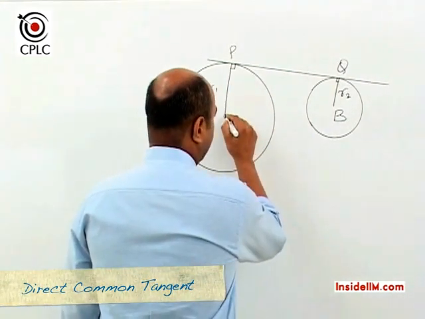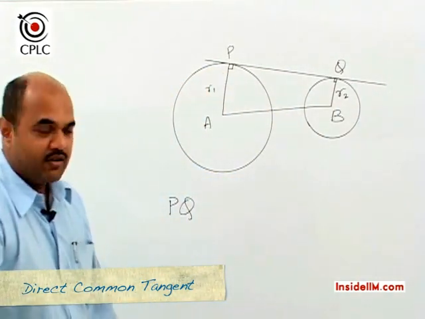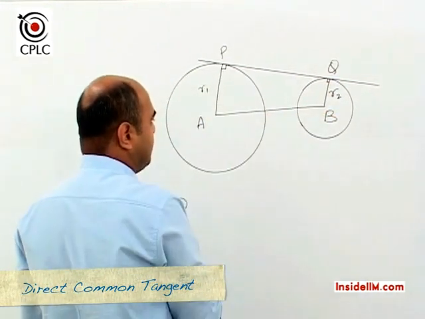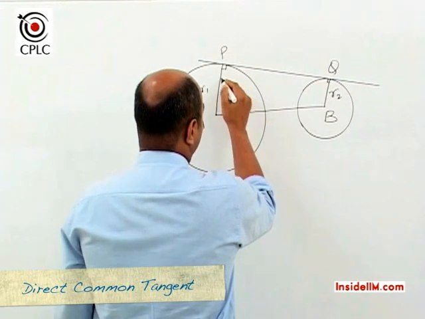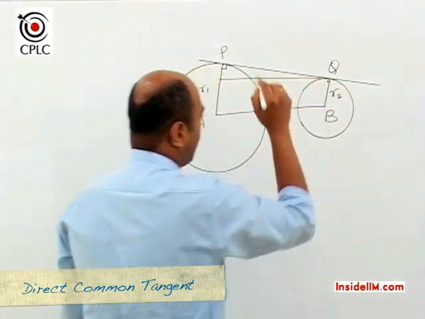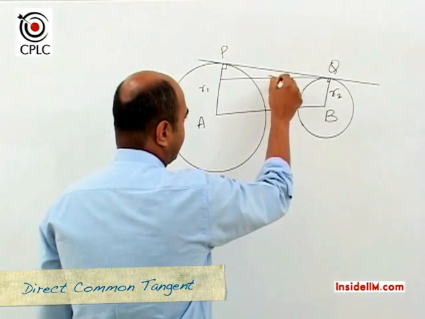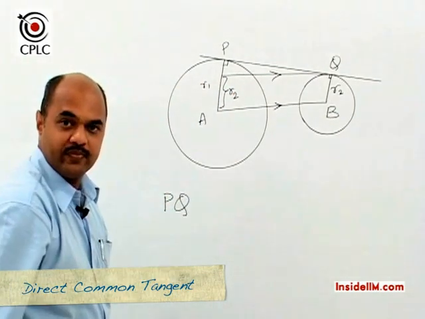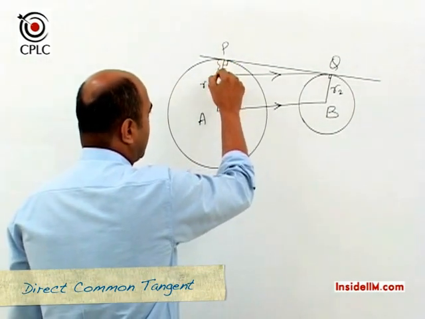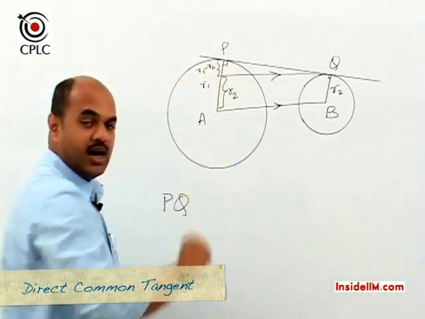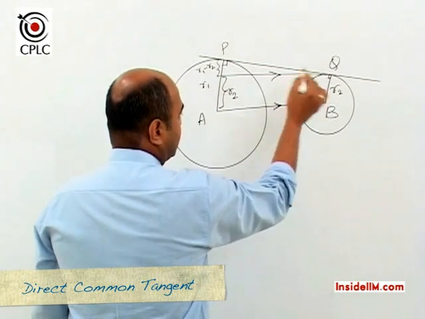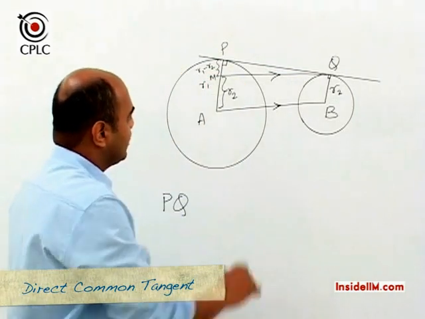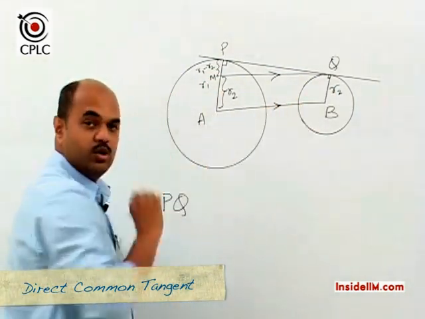If we now join A and B, and from point Q we draw a line parallel to AB meeting AP, then this part would also be R2, and hence this small part would be R1 minus R2. If this parallel from Q meets AP at this point M, then MQ would be equal to AB.